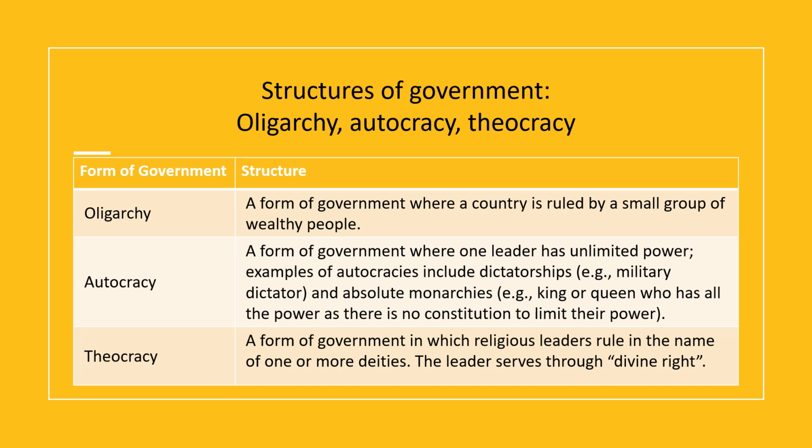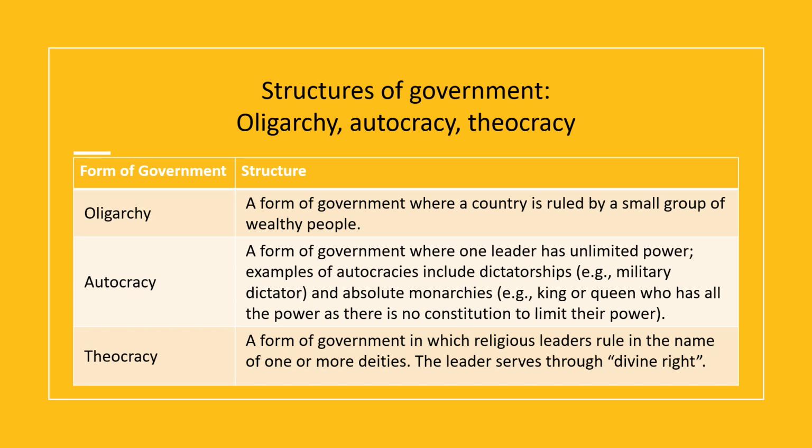And then finally, in a theocracy, this is a form of government in which religious leaders rule in the name of one or more deities. Deity is another name for God. This means that in a theocracy, religious leaders rule based on their one God or many gods.